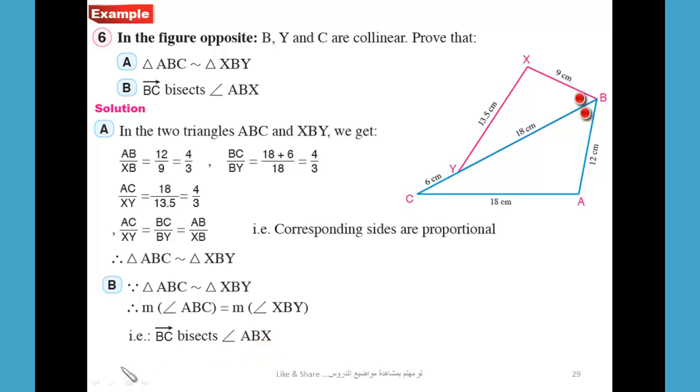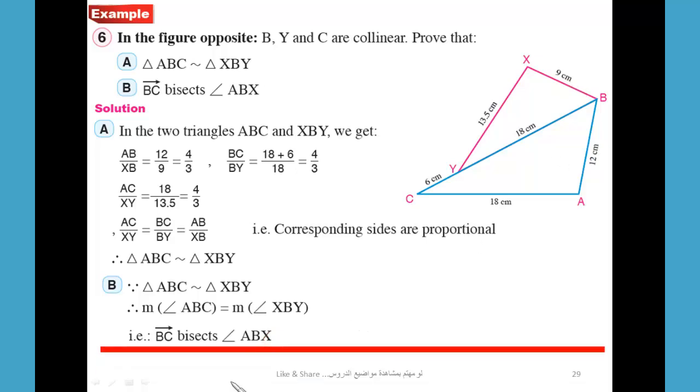These two angles are equal. Then you can say that the ray BC is the bisector of angle XBA, or ABX. It is the same. And this is the required.